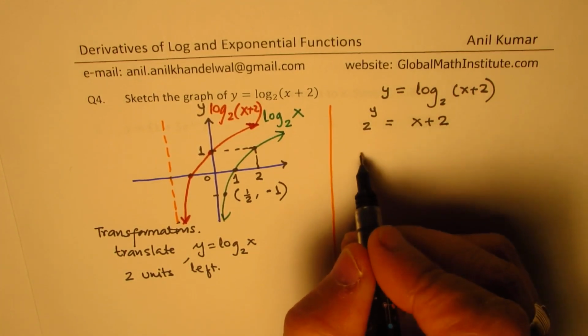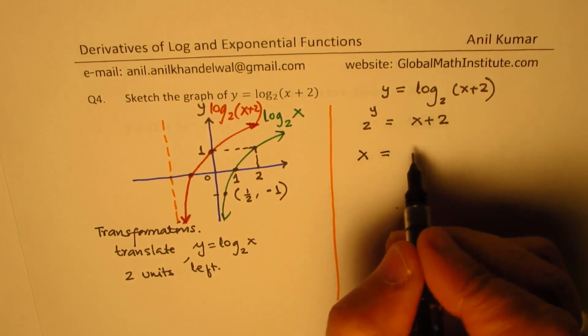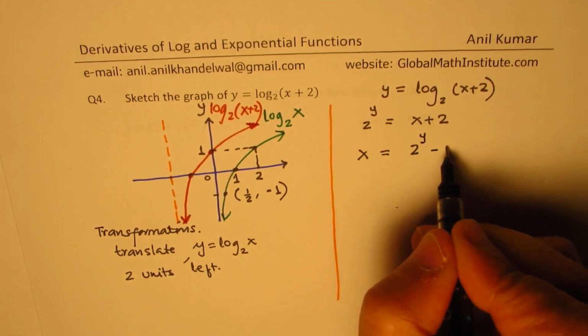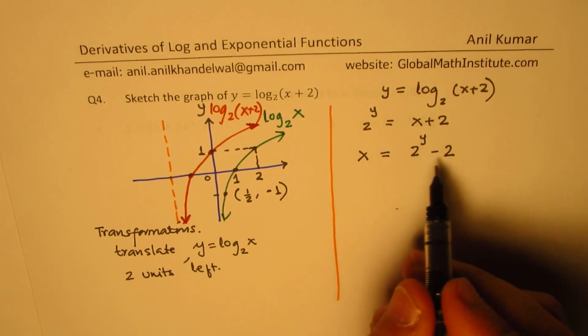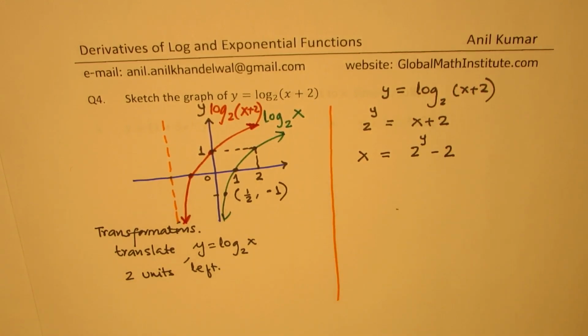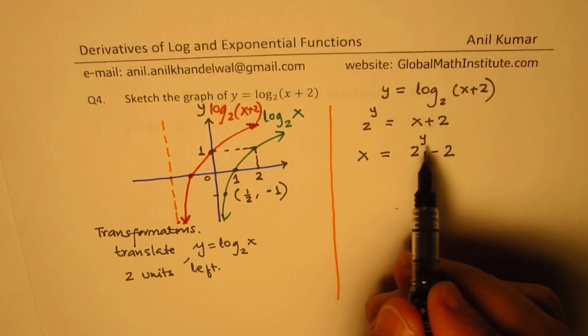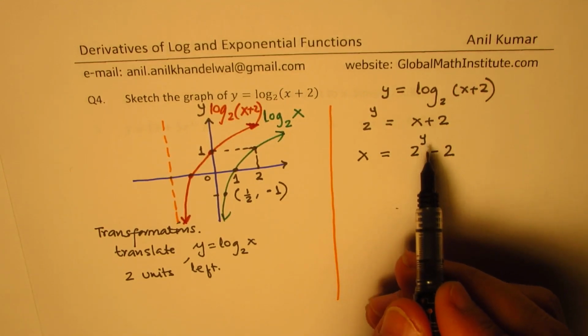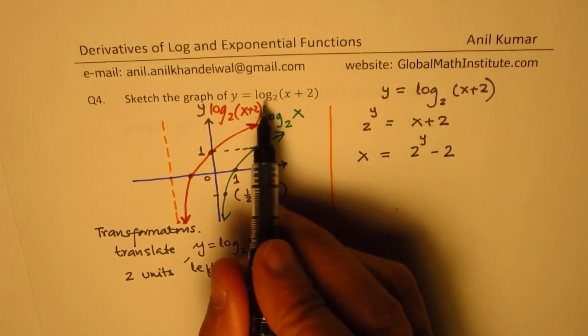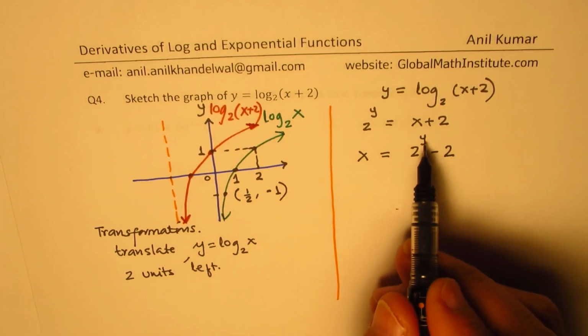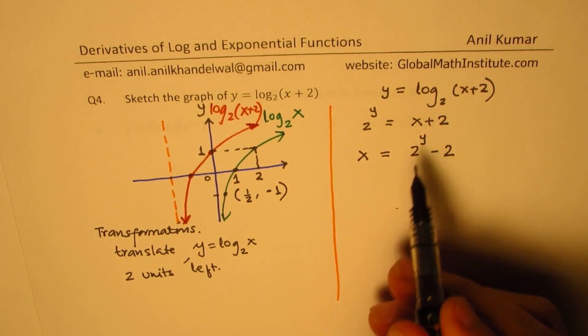So we can say x is equal to 2 to the power of y minus 2. From here, we can get a set of points. The good points to always get here are by substituting the value of y as 0, right? The range is any, so you could put 0, -1, and 1.